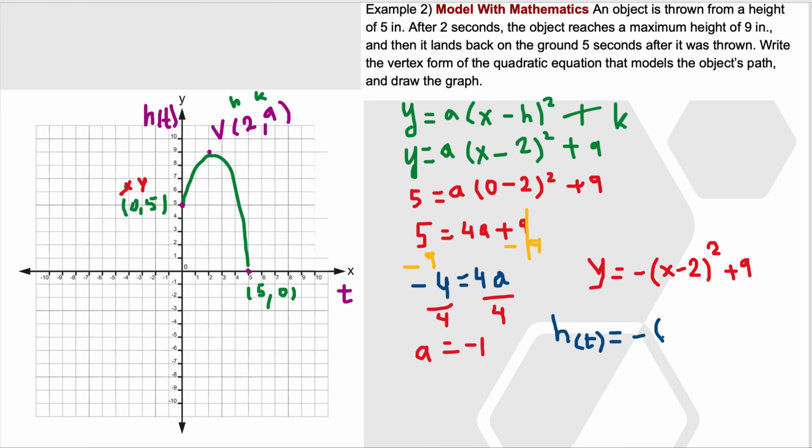Instead of the x I am writing t, because in this function the height is with respect to time, and whenever it's x I'm substituting with a t, and here is squared plus 9. So this is the final answer. Even the previous answer is okay, but this one is more official for this case.